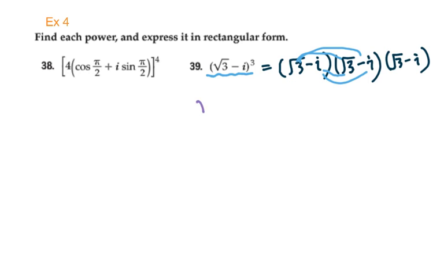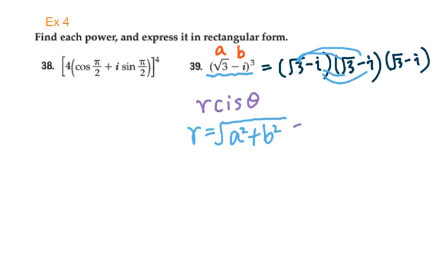Polar form will be r cis theta. So we need to figure out r equals square root of a squared plus b squared. We know that a equals square root of 3 and b equals -1. So we plug in, we got 3 plus 1 equals 4, so r is 2.